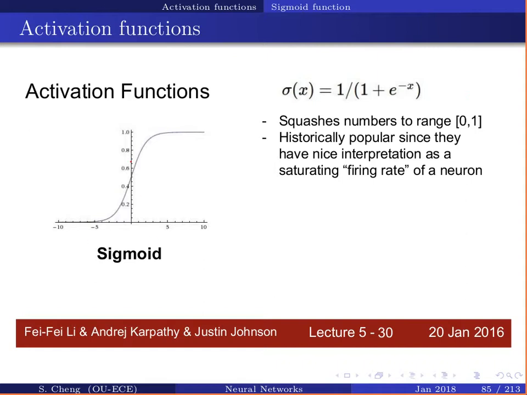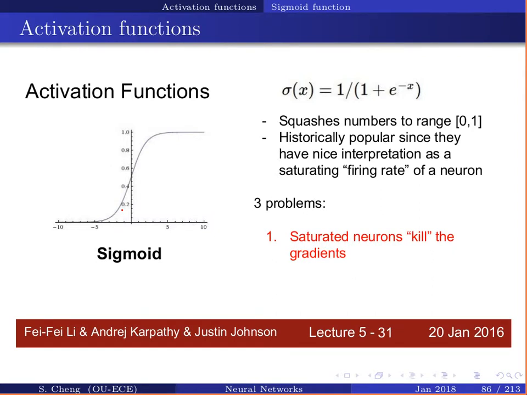A neuron is either firing or not firing, and here it's very similar to a step function: if you're bigger than a certain threshold, then you will fire, and if you're less than some threshold, you will not fire. So here we just smooth the step function a little bit, because after smoothing, the whole function is continuous and its derivatives are all defined, so you can do the backpropagation.